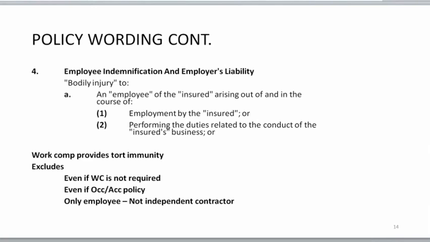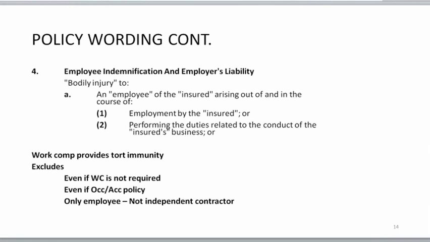So it would exclude employees even when work comp's mandatory or not mandatory, even though the state does not require comp. The employee gets hurt, the employee can still sue. They have to prove negligence. You have no tort immunity, and so the auto policy would not respond.